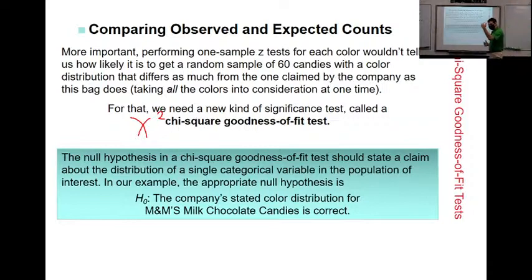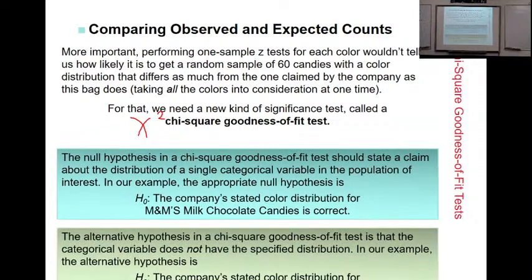And then the alternative is going to be that that distribution may be wrong. And we're going to state that as saying the color distribution for them is not correct. We're going to say that as at least one of the proportions is not accurate. Right? That would be the opposite of my null. The opposite of it being the same is at least one of them is not right.